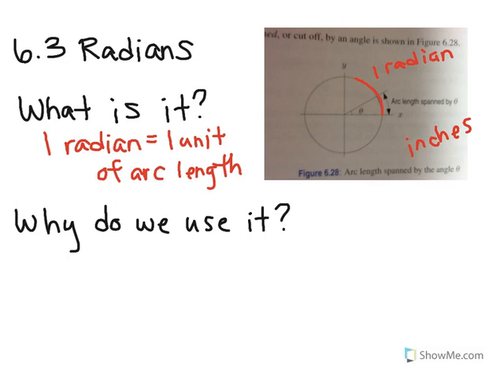Then I could say that 1 unit of arc length is 1 inch long. So from the terminal side to the end of that radian is equal to 1 inch. So that's what the definition of a radian is.